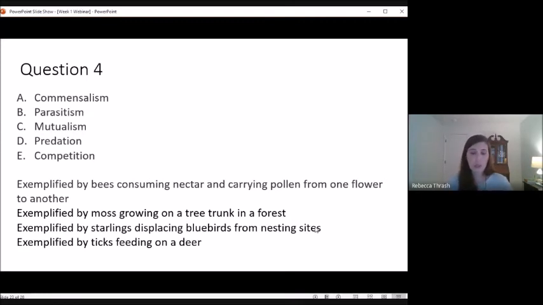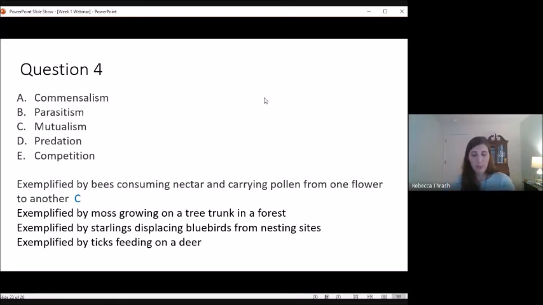Obviously, the bees are benefiting because they're getting a food source. But is the plant benefited, harmed, or a neutral party? Well, if they have their pollen carried from one flower to another, that's going to help in their own reproduction. So that's a positive for the plant. So both of these organisms are benefiting, so that is mutualism.